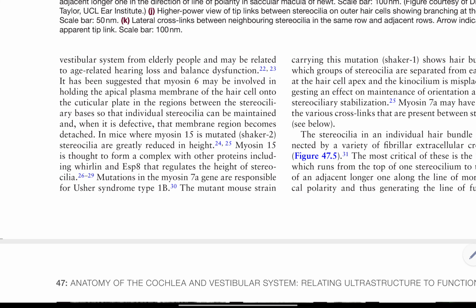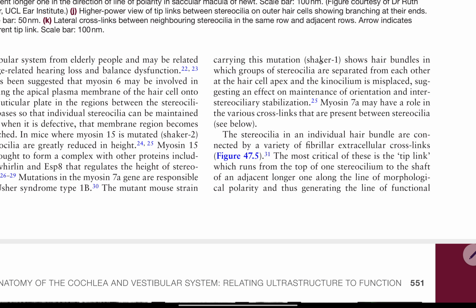The mutant mouse strain carrying this mutation, Shaker 1, shows hair bundles in which groups of stereocilia are separated from each other at the hair cell apex, and the kinocilium is misplaced, suggesting an effect on maintenance of orientation and interstereociliary stabilization. Myosin 7A may have a role in the various cross links that are present between stereocilia.